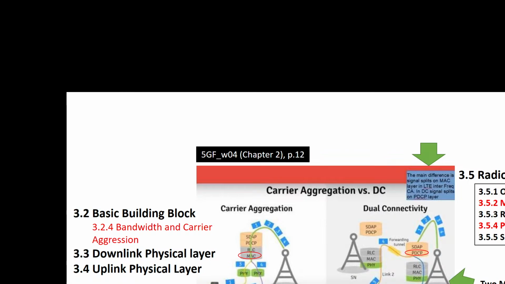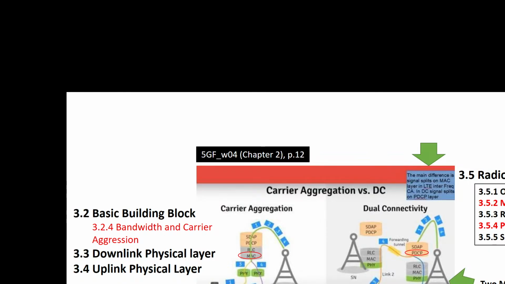Okay, so the data is split in the MAC. You see that? That's MAC. But for dual connectivity, the method is different. They split the data in the PDCP, but not MAC. Why? Because these are two different radio stations, right?